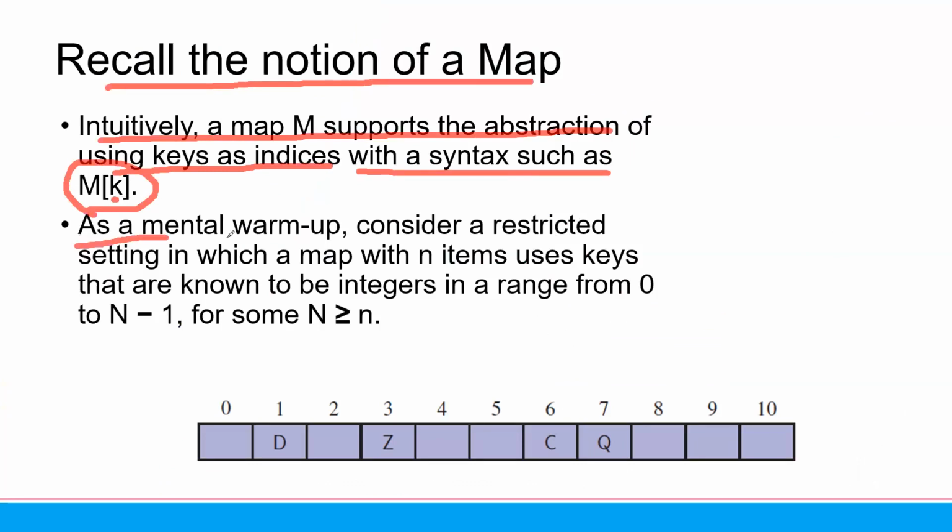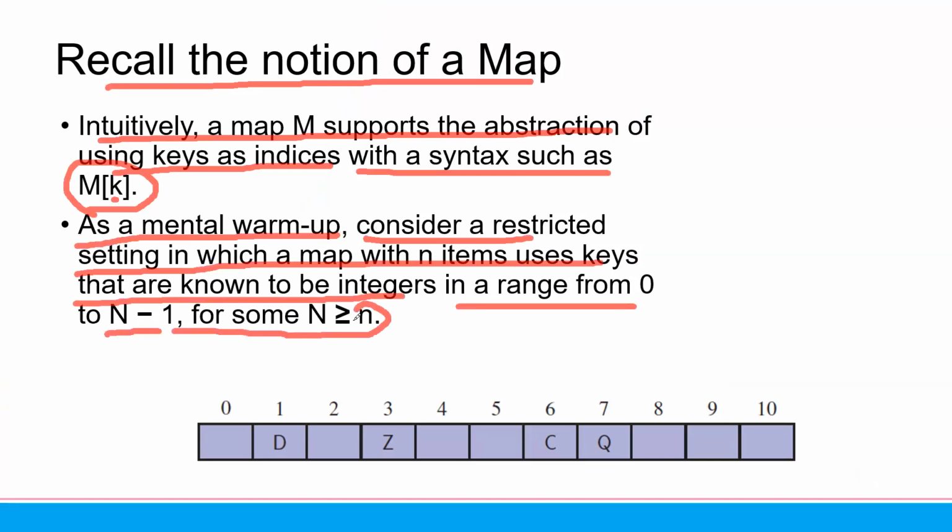Let's look at the very simple map here. Consider a restricted setting in which a map with n items uses keys that are known to be integers in the range of 0 to n minus 1, for some N that is bigger than small n.